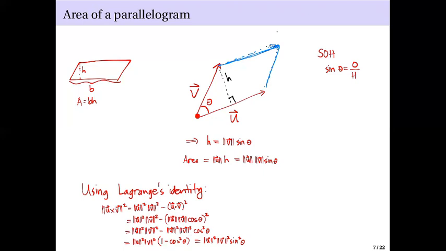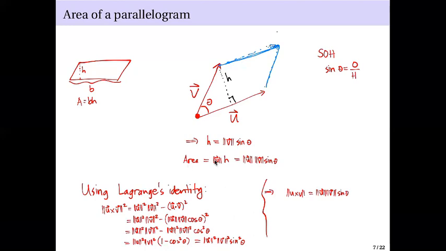Which means this tells us that the norm of u cross v, you have this and you have this, you just take the square root of both sides. So taking the square root, you'll just have norm of u times norm of v times sine theta.